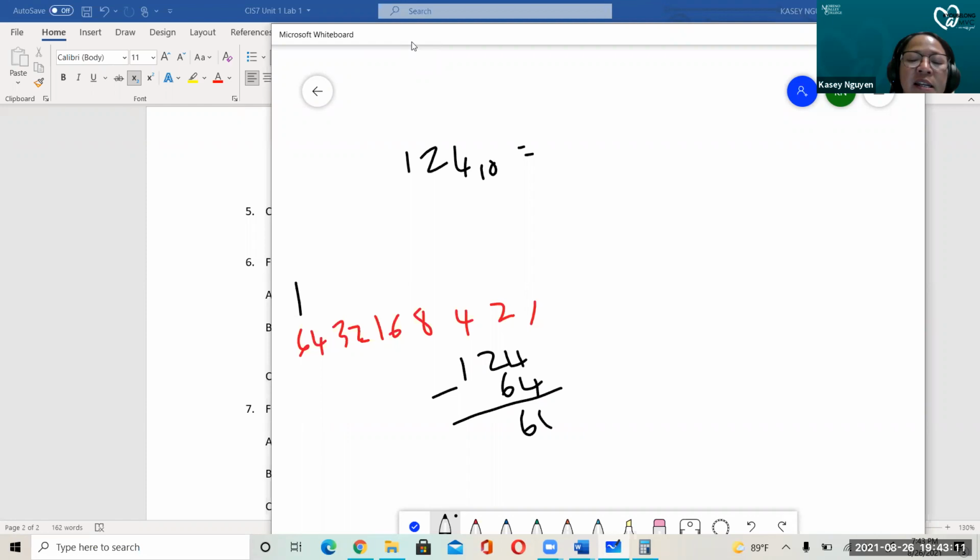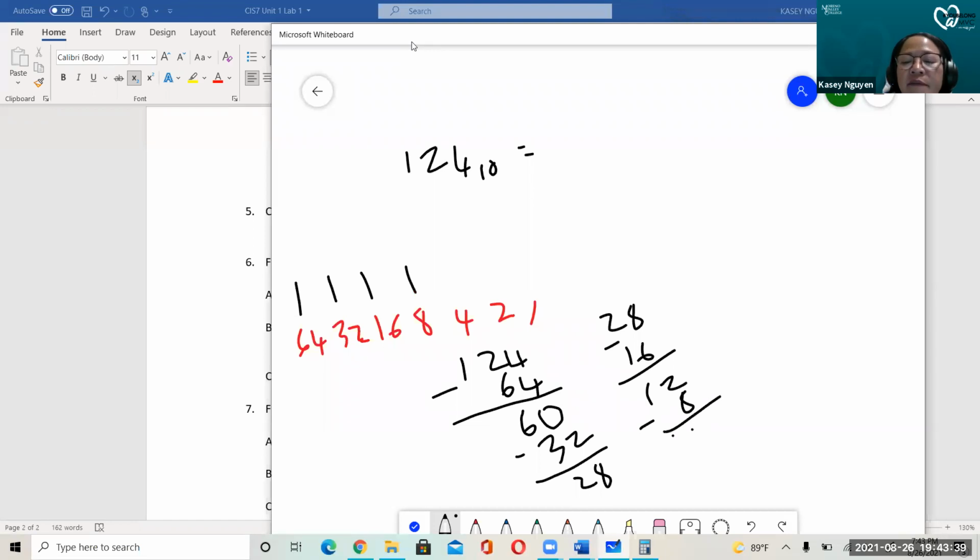So I should have 60 left. 60 subtract 32. Then I should have 28 left. Then again, I would take 28, subtract 16. And as I subtract, I put the 1 at the top. I should have 12 left. 12 subtract 8. I should have 4 left. Then 4 subtract 4. I should have 0 left. And I just fill in the 0 here.